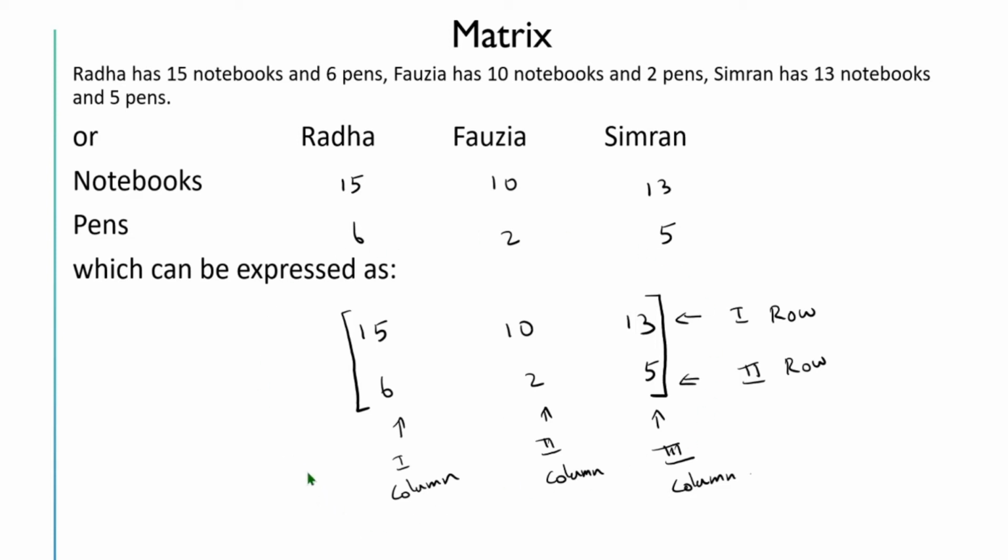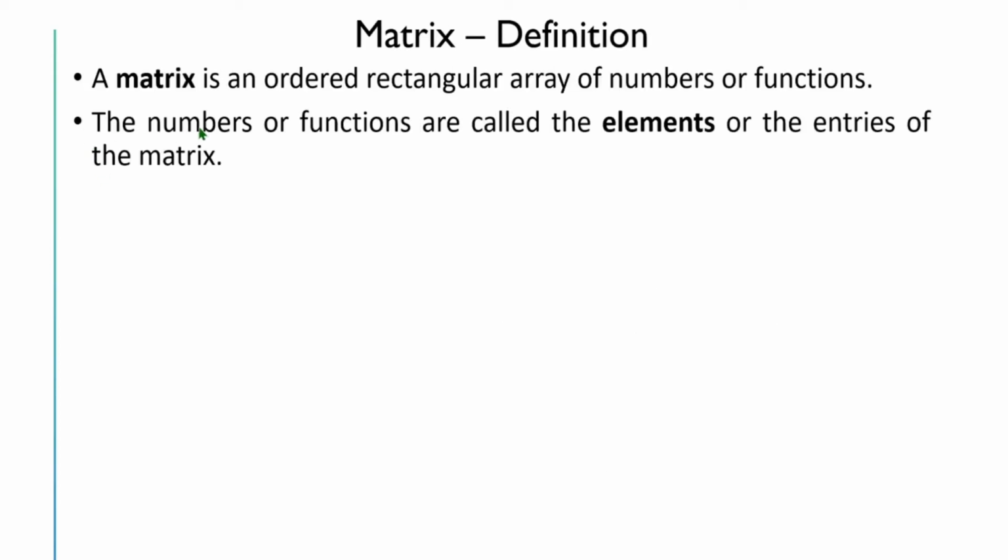Now we will see the formal definition: a matrix is an ordered rectangular array of numbers or functions. The numbers or functions are called the elements or the entries of the matrix. So it is an ordered rectangular array of numbers or functions.